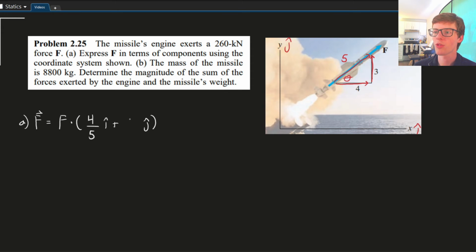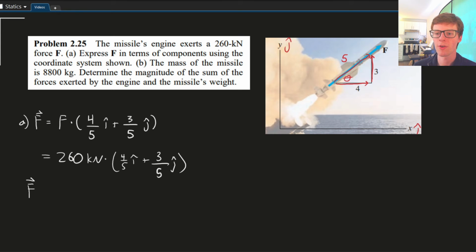Then we do the same thing with the Y component. The amount of steps, 3, in the vertical direction over the total number of steps in the force direction. So with that, we have 260 kilonewtons times 4/5 I hat plus 3/5 J hat.